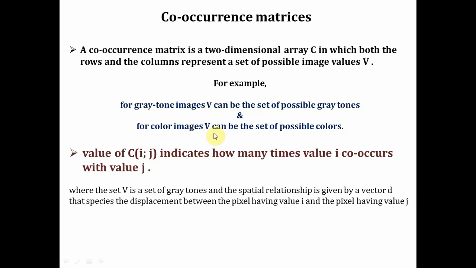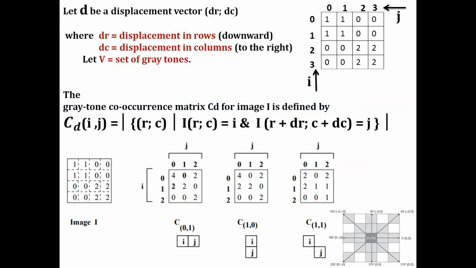Now, the value of this co-occurrence matrix Cij indicates how many times value i co-occurs with value j. I will show you how to do that. Before that, we need to study some parameters like d. D is a displacement factor made up of row displacement and column displacement, dr and dc.